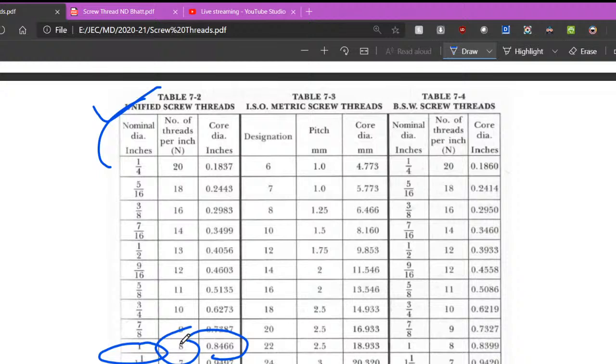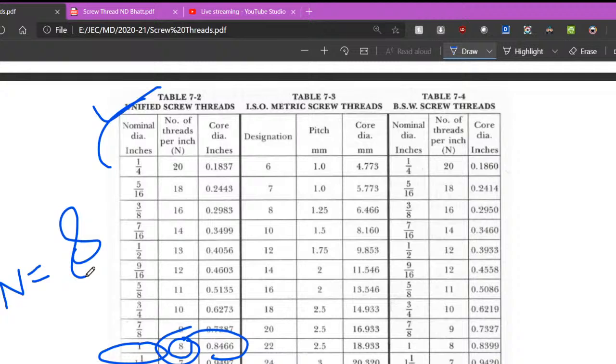Now you know the number of threads, n is equal to 8.